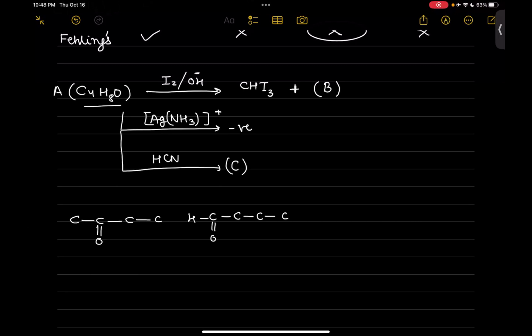So it is not an aldehyde. And which option helps us to make out that I can rule out the presence of aldehyde? Who's going to tell me that it is not an aldehyde? Which part of the reaction is telling me indirectly that this is not an aldehyde?